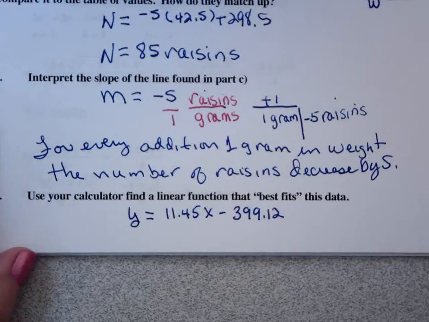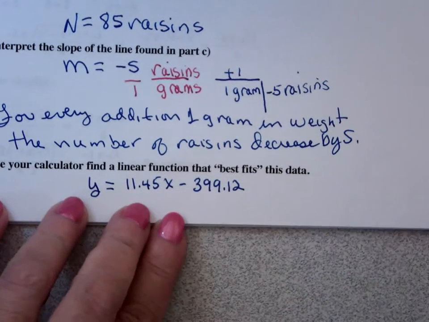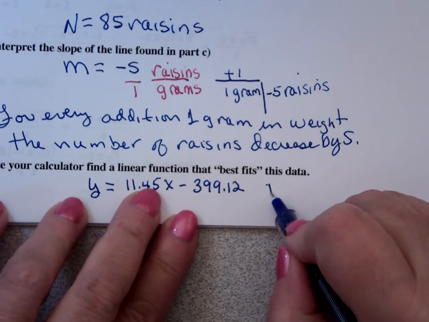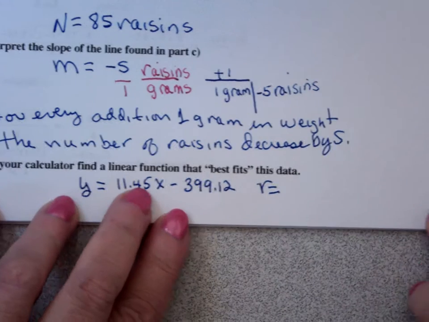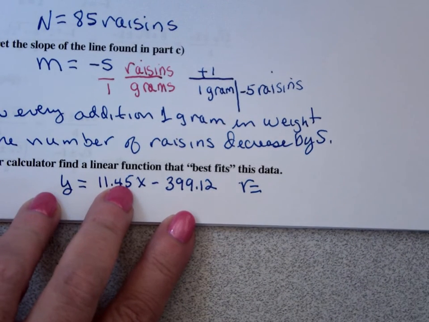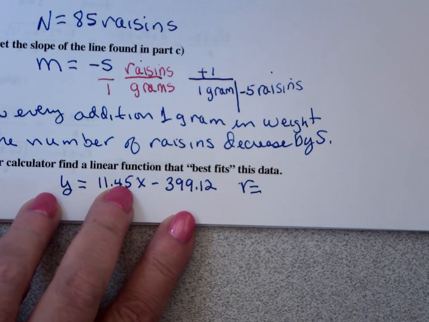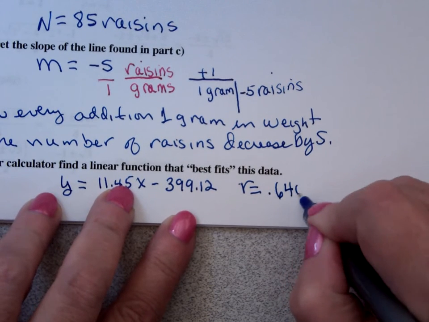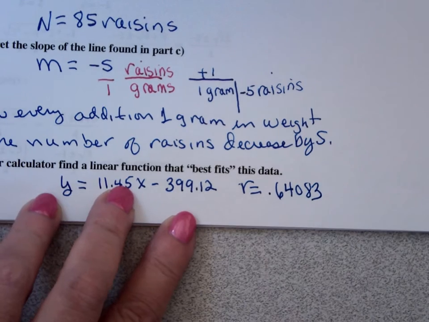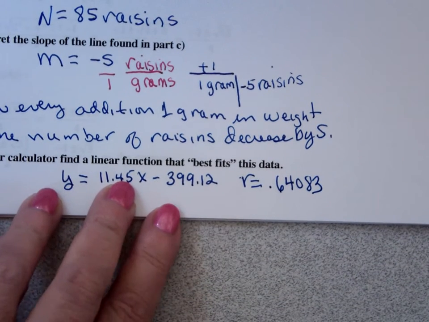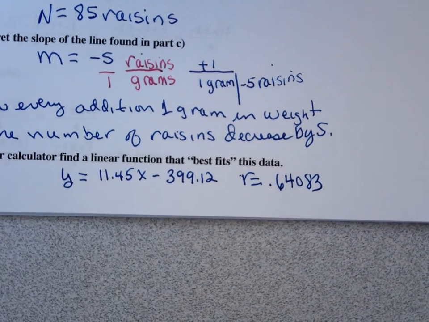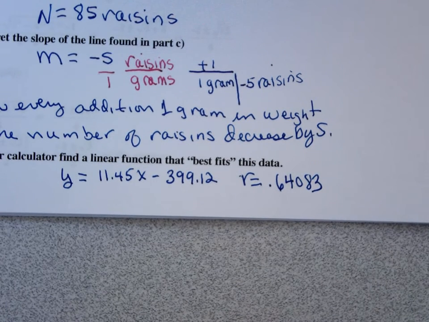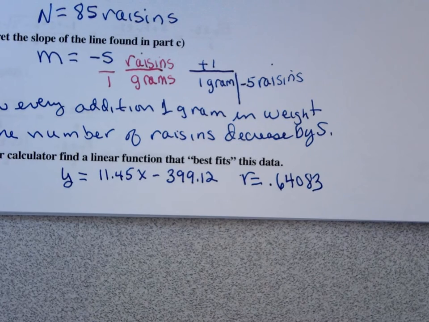Now, why doesn't it make any sense? Well, take a look at the correlation coefficient. Here's R. R is 0.64083. I usually have you write it to 5 places. With an R of 0.64, how good is this fit? It's horrid, right? It's not even close to 0.9.